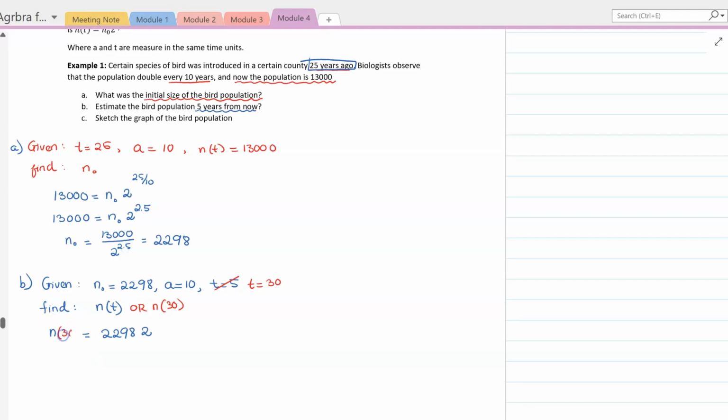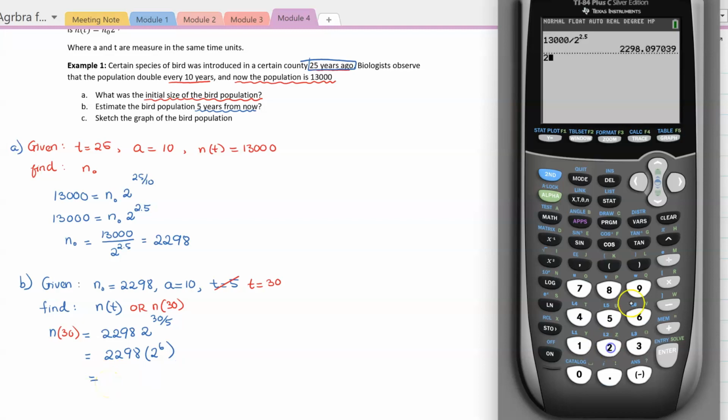So 2 to the 30 divided by 5, that's 2,298 times 2 to the 6, and that is 147,072.